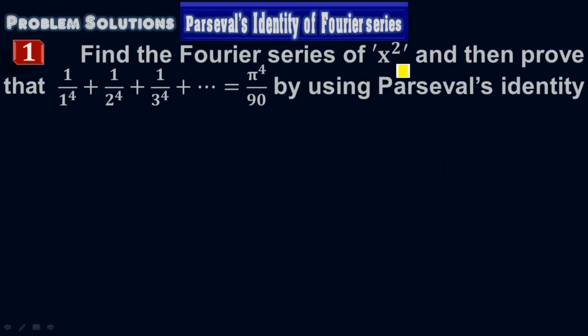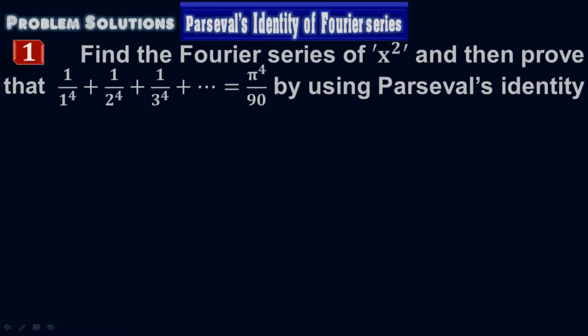We know that for the even function, we don't have the b sub n coefficient. B sub n is 0 for the even function. We have a sub naught and a sub n. A sub naught and a sub n are the only two coefficients that exist for the even function. B sub n is 0, so we are not talking about b sub n. We simply put b sub n equals to 0.